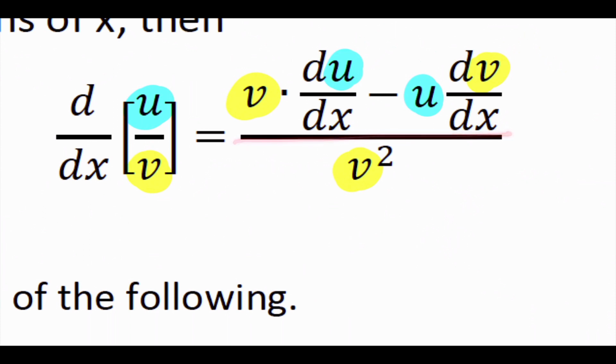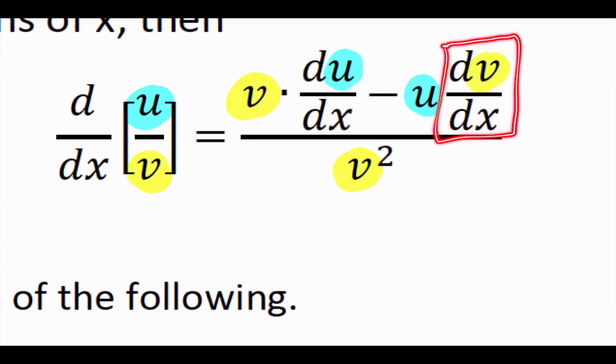Okay? So we take the one on the bottom, the low, times the derivative of the high, the top one, minus the high times the derivative of the low. So it's kind of like what we did on the last one.